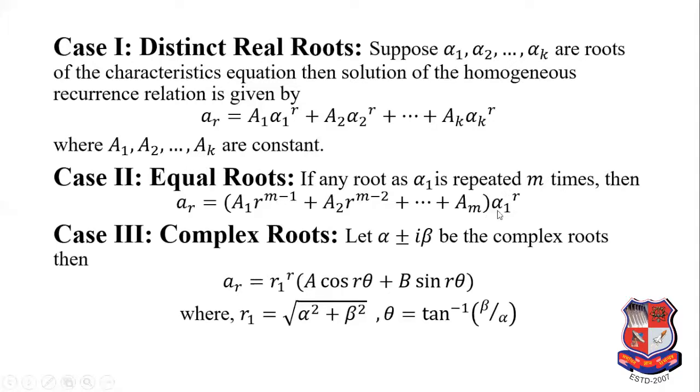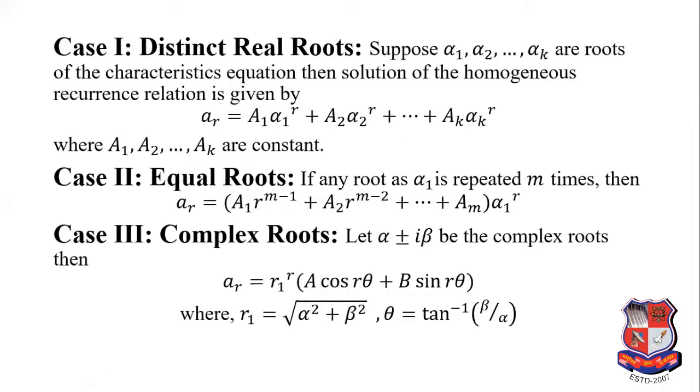Here the root is alpha 1, and if we go by case 1, in all the cases we'll get alpha 1 raised to r, alpha 1 raised to r, so all the solutions become linearly dependent.